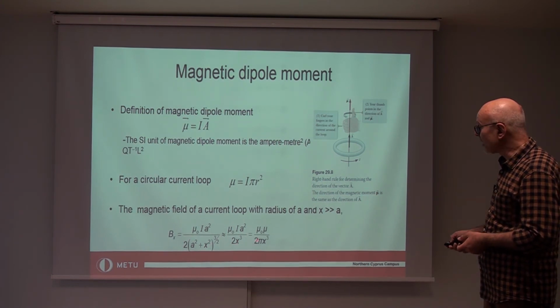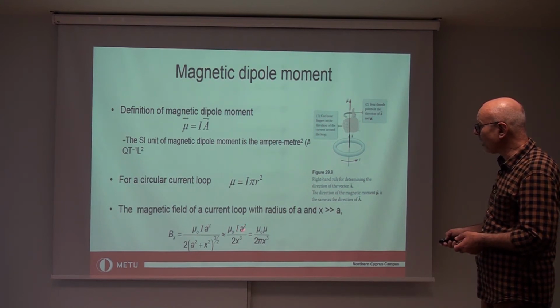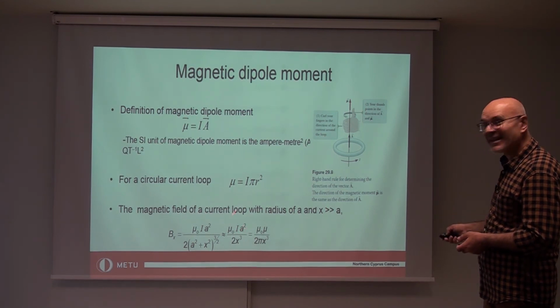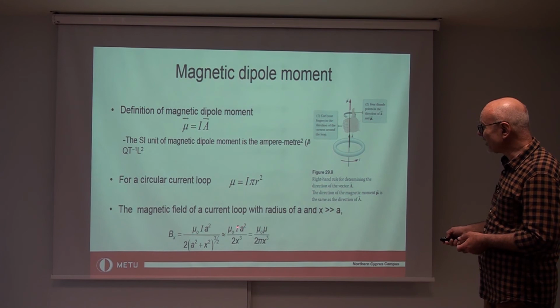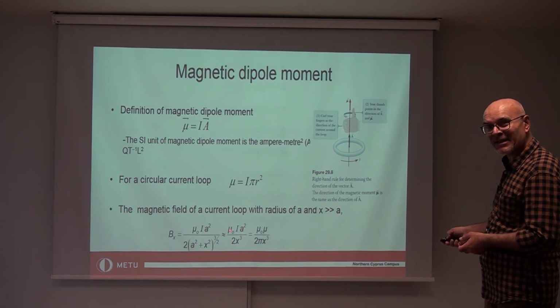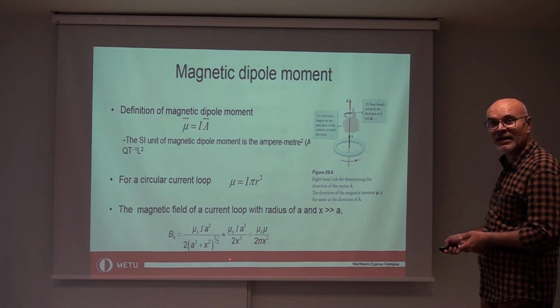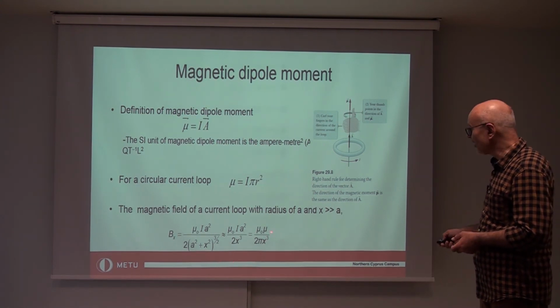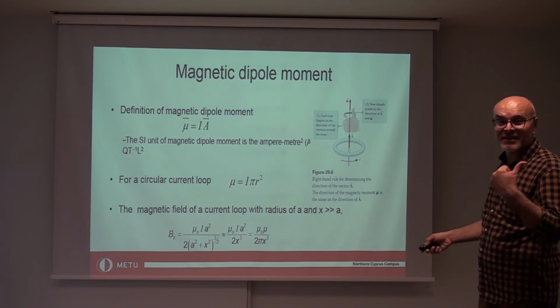Okay? And you can express this if you just multiply: this is I a square, multiply up and down by pi, you get I pi a square, which is just the area times I. So I multiplied by pi a square is just the magnetic moment. So you can express B_x as mu naught mu over 2 pi x cube, where mu is now the magnetic moment.